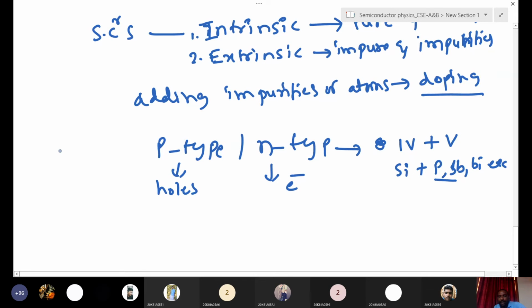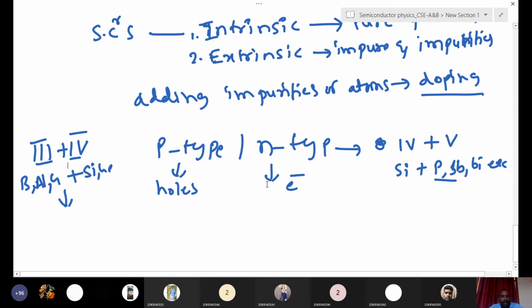In p type, if you add third group element atoms, that is boron, aluminum, gallium, to silicon or germanium, you will get the p type. Third group with fourth group gives p type, and fourth group with fifth group gives n type.